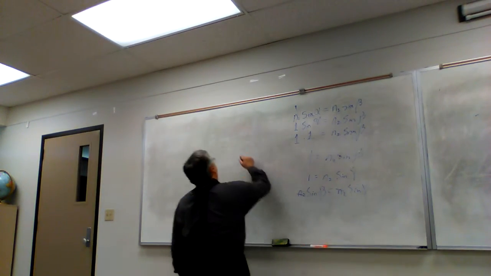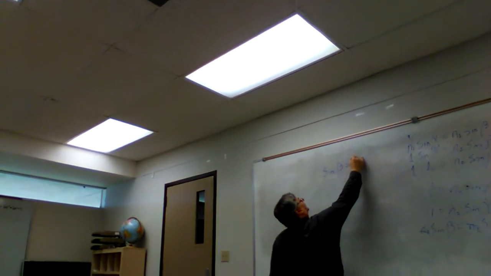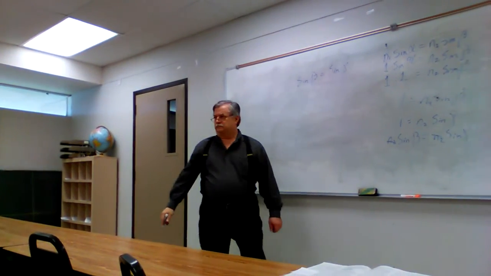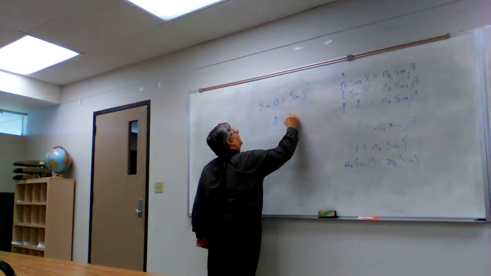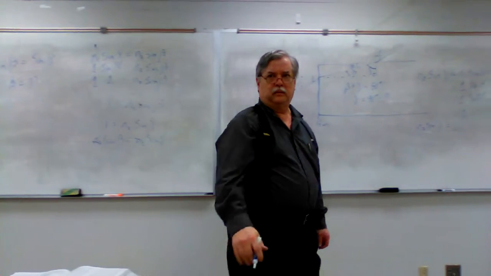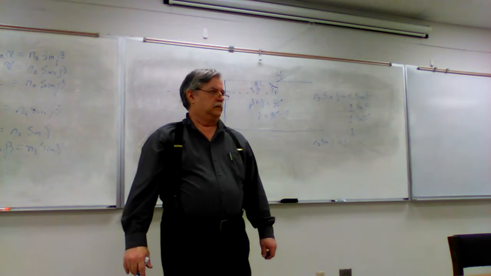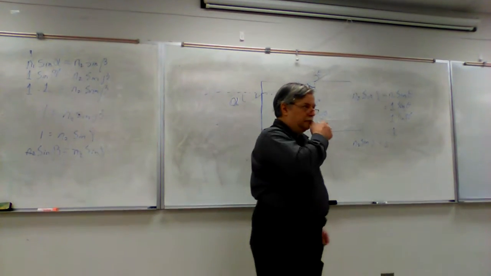That means sine of beta must equal sine of gamma. That means beta has to equal gamma. Well, how is that possible? How is it possible for beta and gamma to be equal?